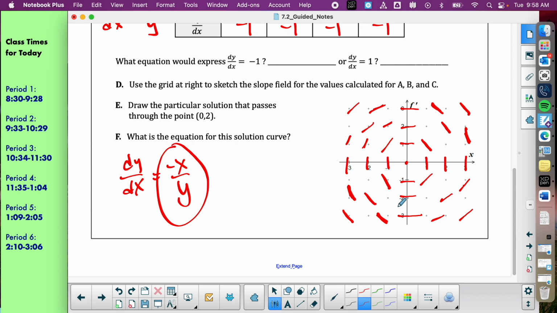This isn't meant to embarrass people if they don't know how to do it. So what we would definitely start with is put 0, 2 on there, like draw the point. Okay. So now if you follow those slope lines from 0, 2, where would it go?